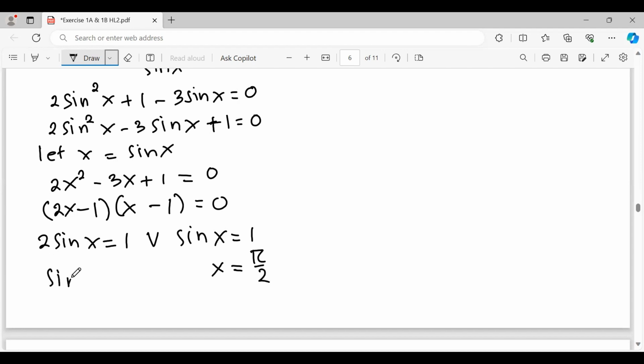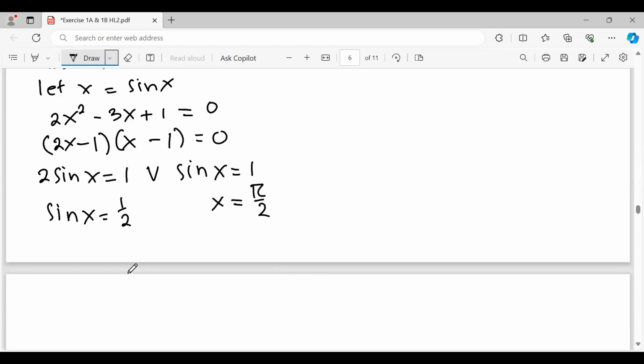How about this? It means sine x equals 1 half.